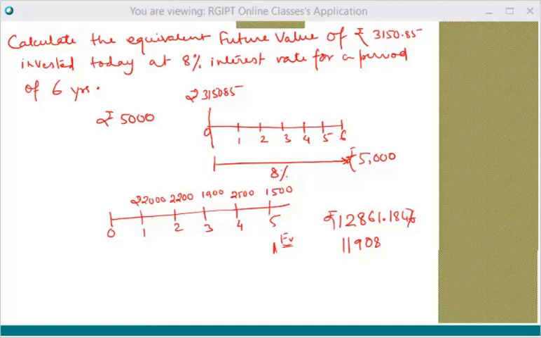Is everybody getting the same number or still? Okay, so looks like everybody is getting this number, 11908.45.